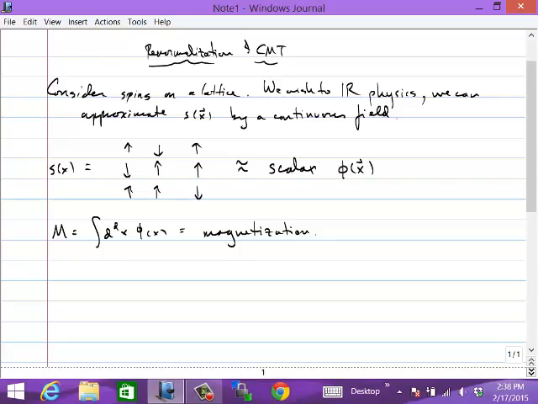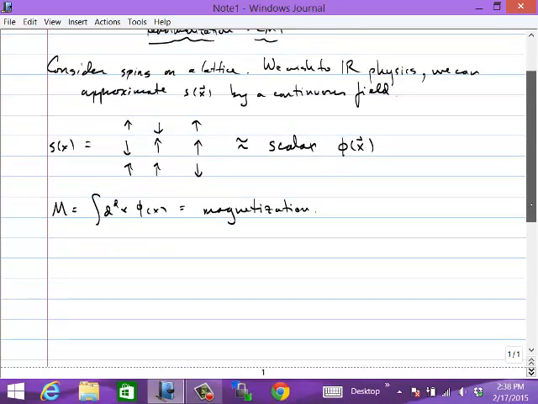And if we wish to look at the infrared dynamics, then we want to study the theory by describing it in terms of some fixed point in the infrared of the renormalization group flow. So just to be a little bit more specific, so that you have some examples that you can think about, in the picture that I've drawn, a spin can be either up or down.